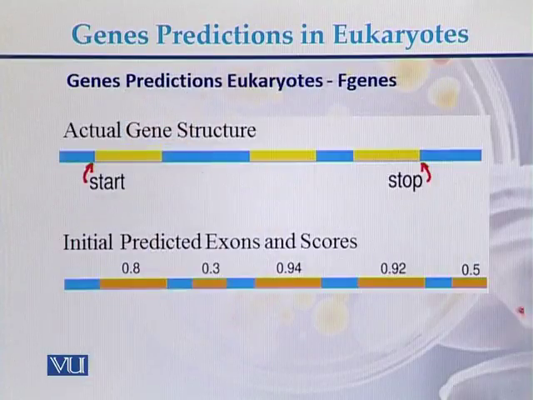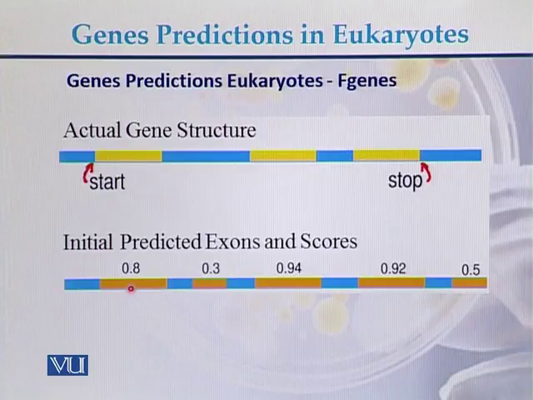This is the diagram of how Fgenes identifies the genes. This is the actual gene structure: exon 1, exon 2, and exon 3. The initial prediction with the help of Fgenes gives a score: here it has given 0.8 to exon 1, 0.3 to another exon that has been identified by Fgenes, then another exon 0.94 and 0.92, then 0.5.